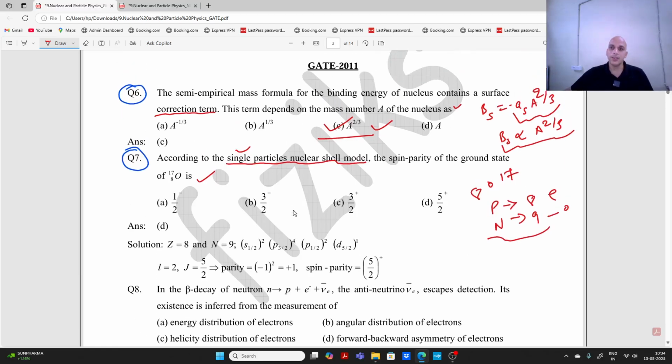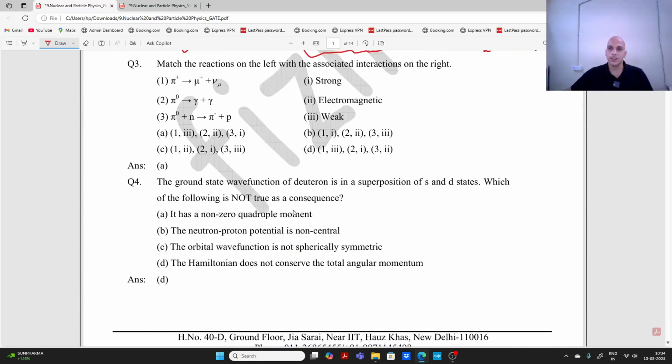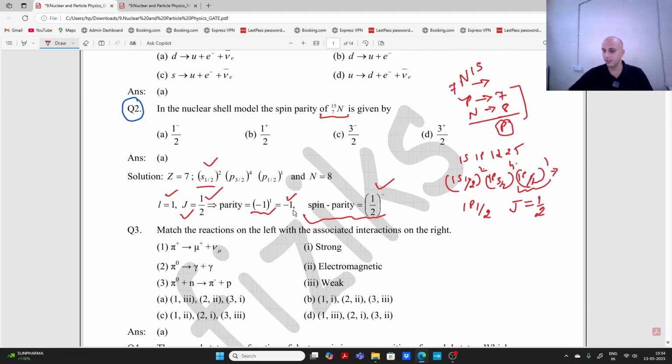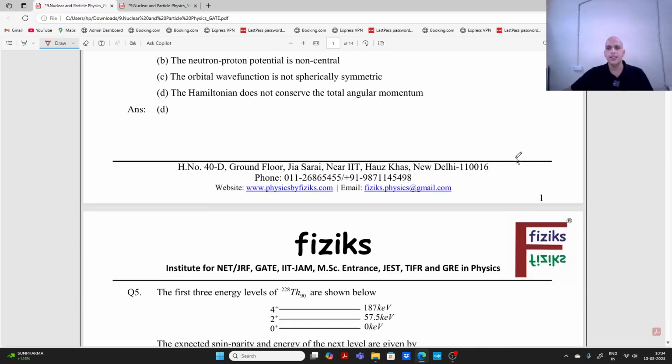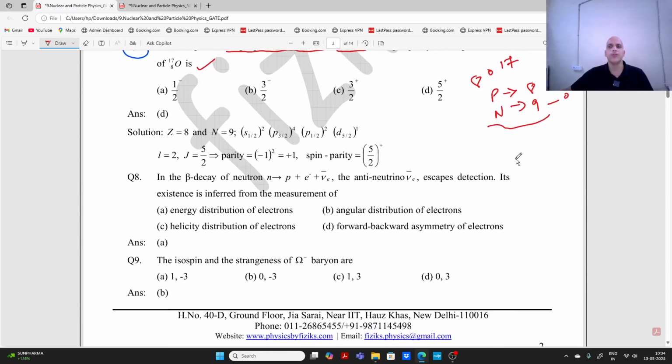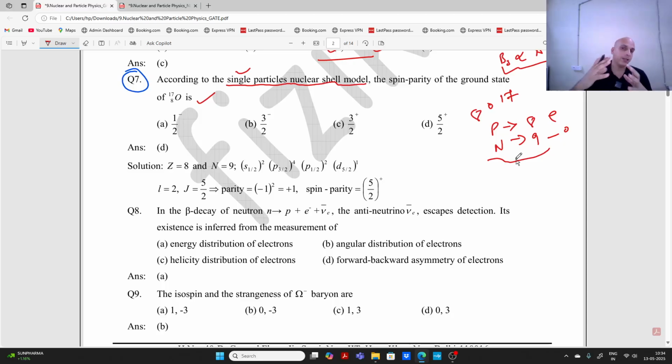And the earlier was the case of odd-even nuclei. So we know very well that for odd-even or even-odd nuclei, the spin is because of the last nucleon that enters the given shell. So in this case, the unpaired or last nucleon is a neutron, and it has the number 9.